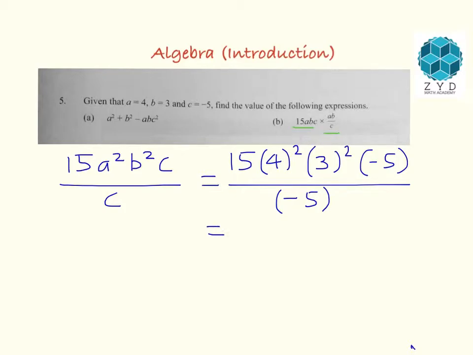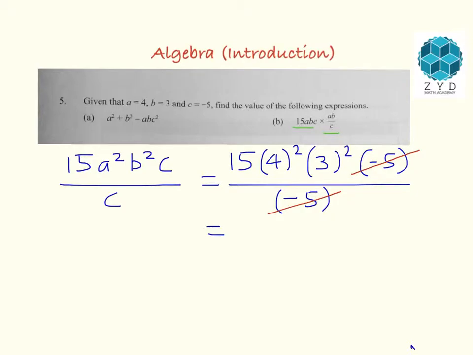And this will be equal to, since I've got a negative 5 here and a negative 5 here, it is okay for me to cancel out these terms, because all of them are in multiplication mode. So I will just evaluate the answers here.